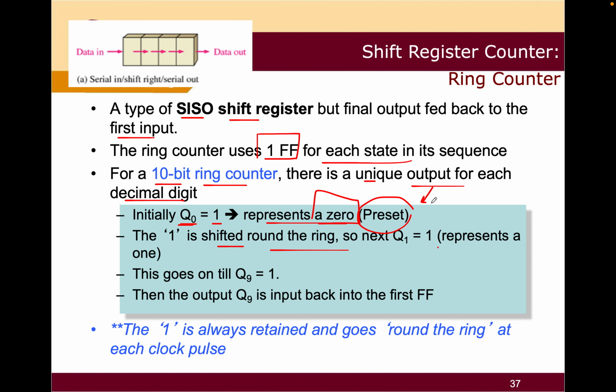If you read and you can understand, it's okay. But if I just read for you, it's going to be hard for you to understand. So Q0 equal to 1 will be represented as a 0 to ensure it is a preset. Then next, the 1 is shifted round the ring so that Q1 will be 1.